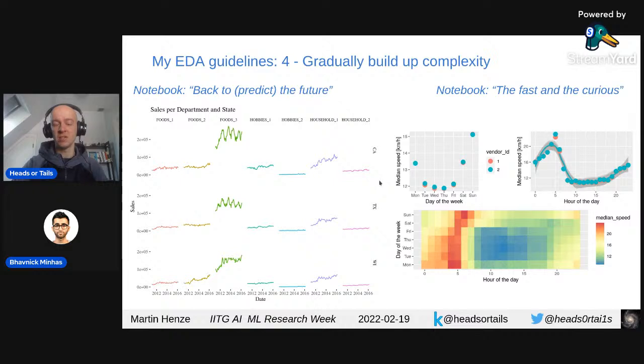Similarly, one way to add an additional categorical dimension to an existing plot, like a time series plot, is to add facets, right? You can have a facet wrap, you can have a facet grid, where you show 2 different categorical features. So here it's the department of this department store and the US state where the store was located.